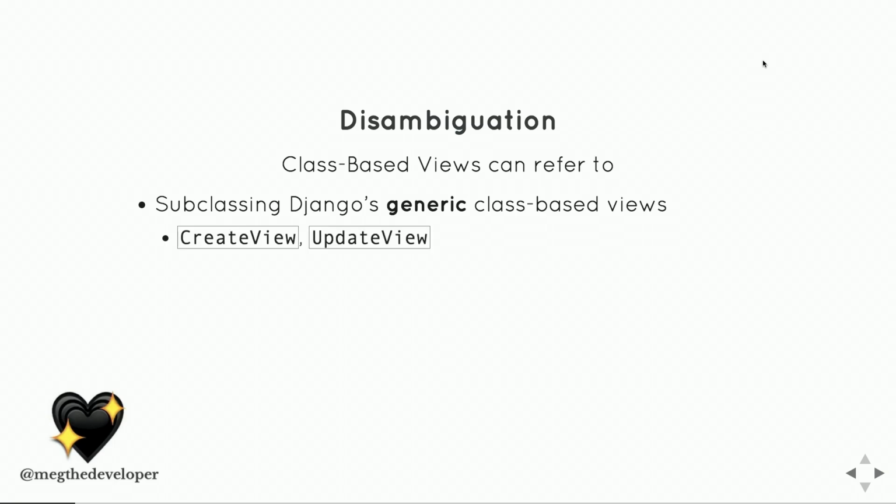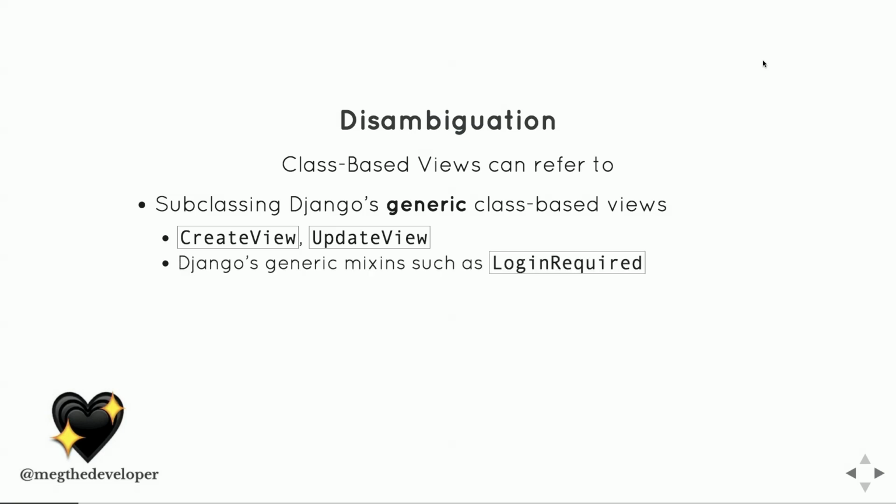And these are for common CRUD type tasks, create, update, delete, or create, update, destroy, and other interesting types of views. So Django has these really beautiful classes, and we'll look at the internals of those in a second.